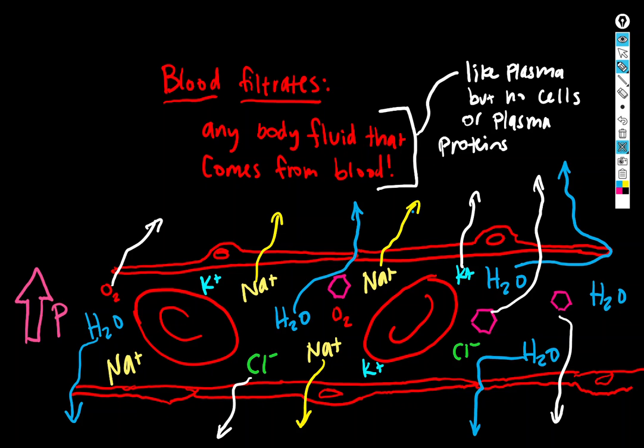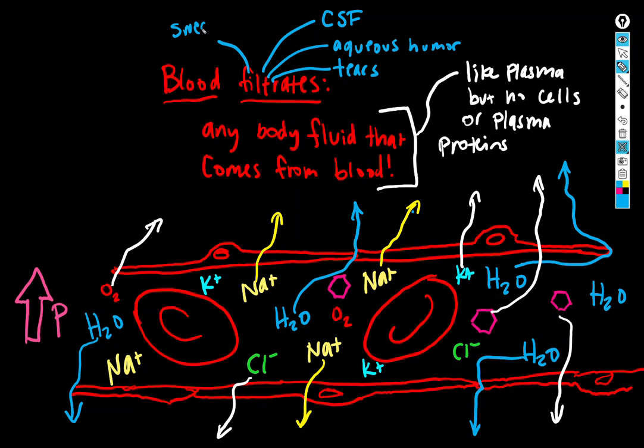So blood filtrates include cerebrospinal fluid, aqueous humor in the front of your eyeball, tears, sweat, urine, all kinds of stuff. So this is a common motif for how we make watery fluids in our body. We just pull them out of our blood. Oh, I forgot one important one.